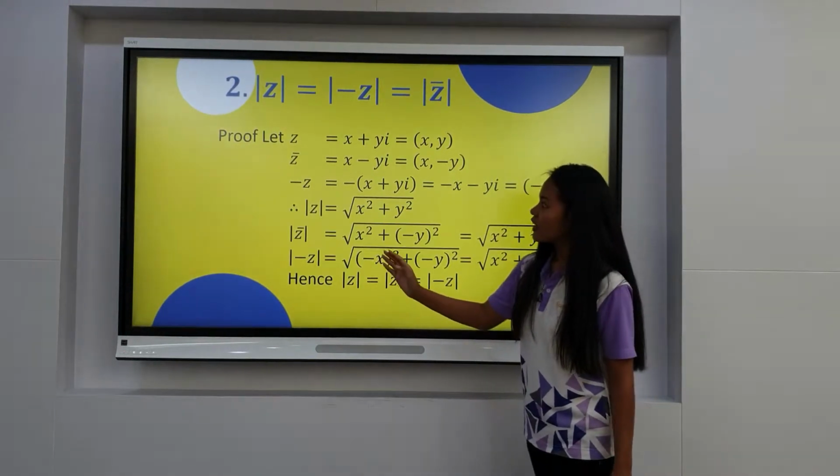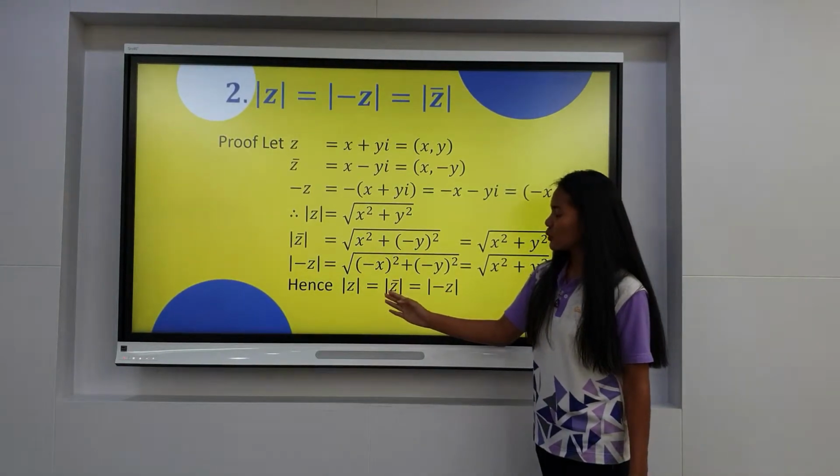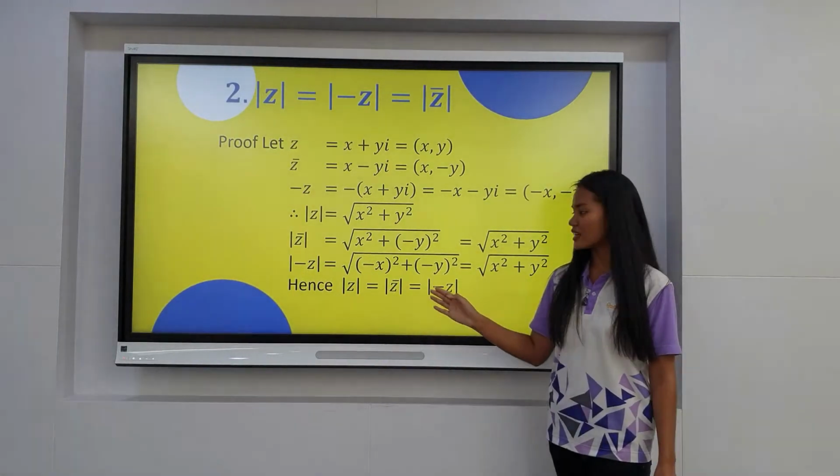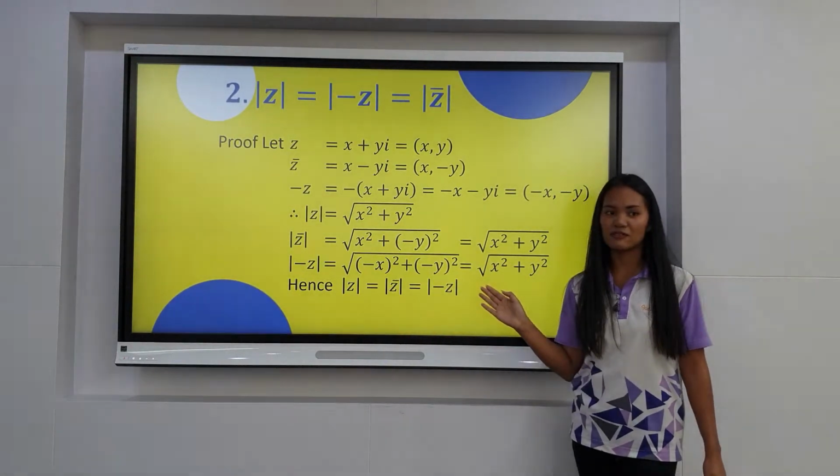Hence, absolute z equals absolute conjugate z equals absolute negative z.